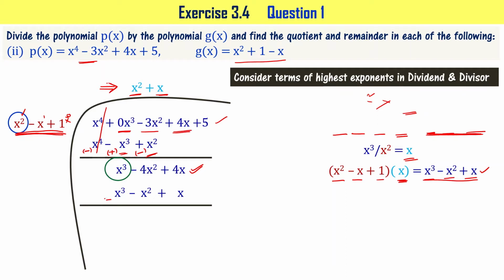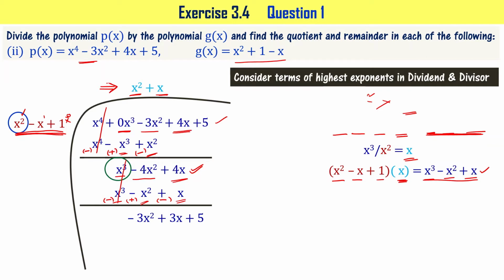This is minus, this is going to be plus, and this is going to be minus, right? Now you see, this is minus x cube plus x cube, and it gets cancelled, right? Now you have here minus 4x square, here plus x square now, meaning it is going to be minus 3x square. In this case, it is 4x minus x. It means it is 3x.